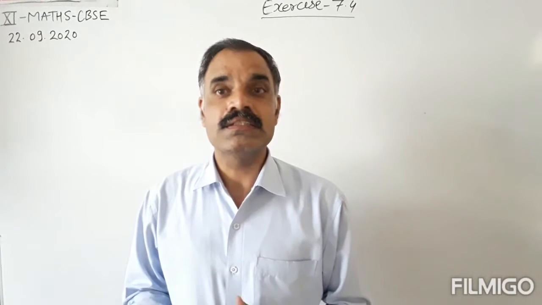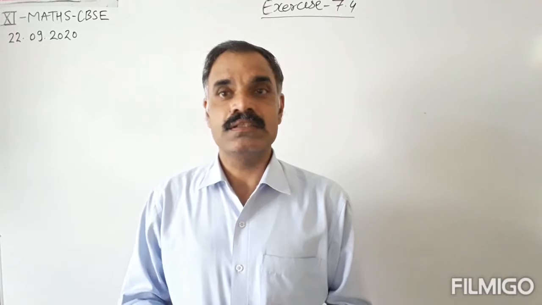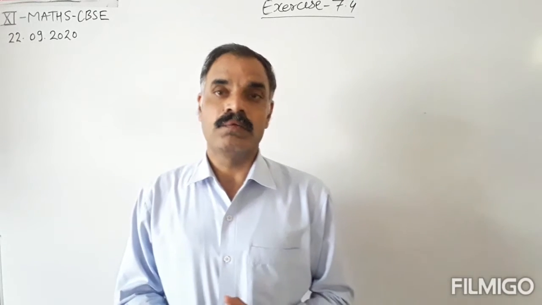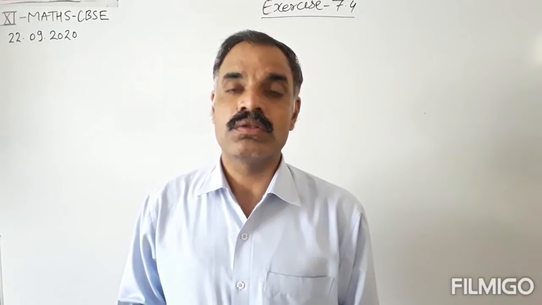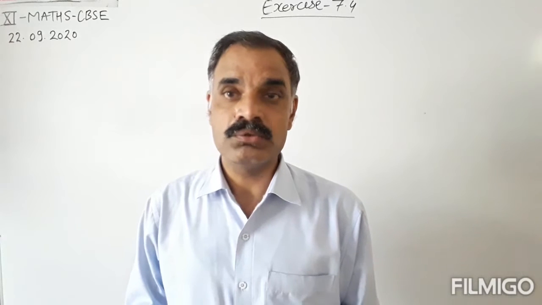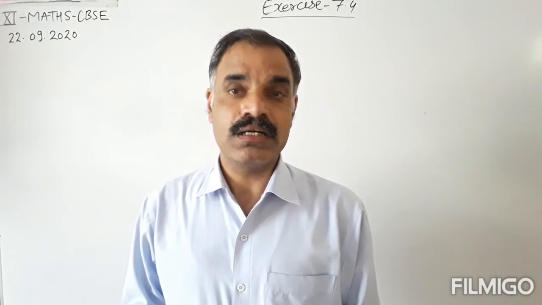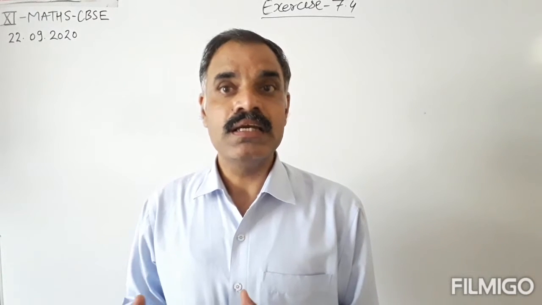Combination means just the selection of r objects out of the given n objects. For this we have already told you the formula, that is nCr. If we want to select r objects out of the n given objects, then it is denoted by nCr.